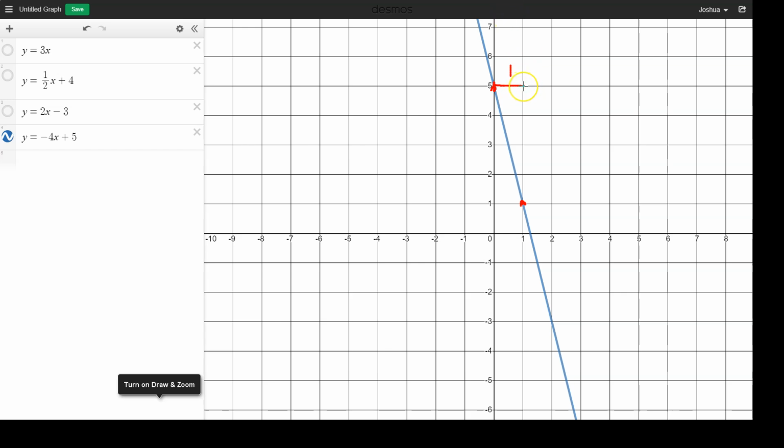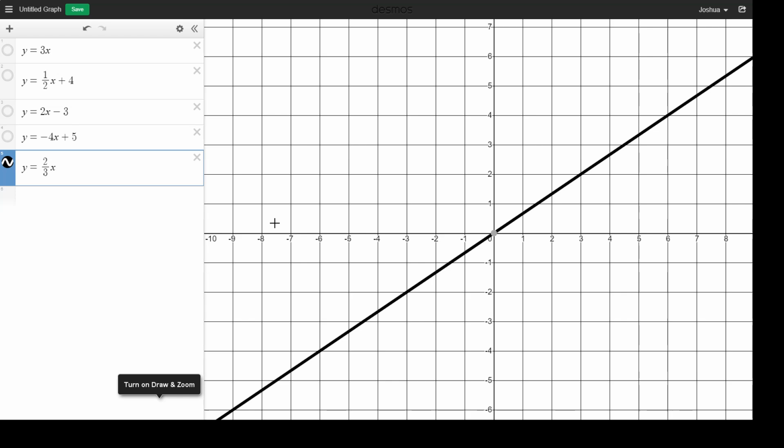To represent down, we go minus. So we go down 1, 2, 3, 4. So it's minus 4, which means our gradient is minus 4 over 1, which means our gradient is minus 4.